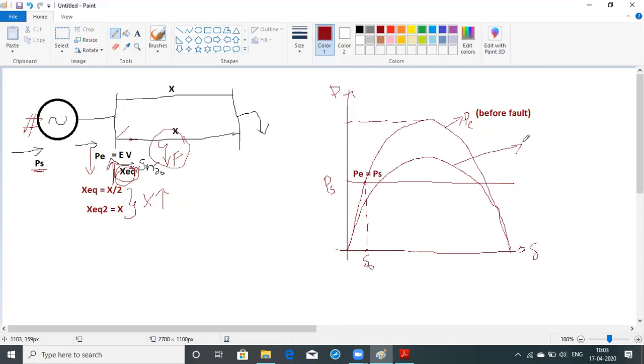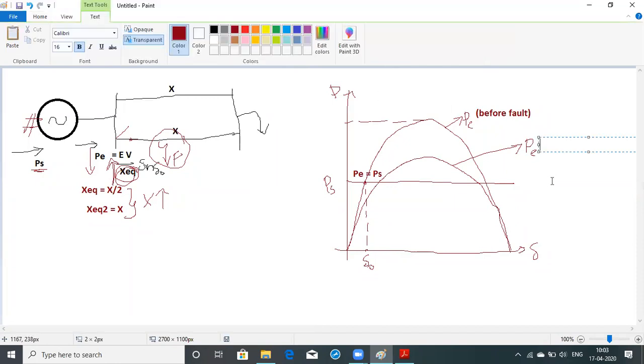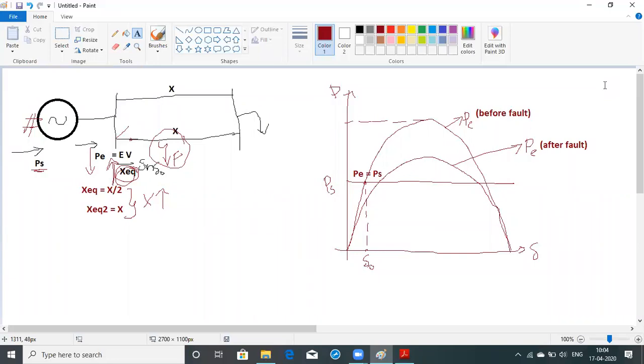We are also calling this PE, but after the fault, because after the fault we are left with only one transmission line, and for that reason the electrical power has come down.